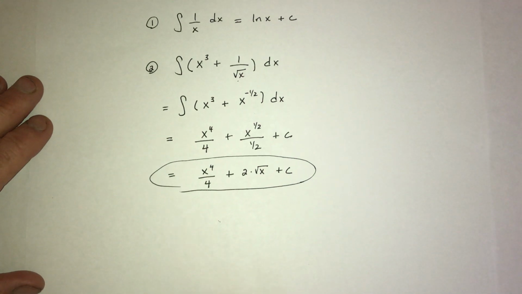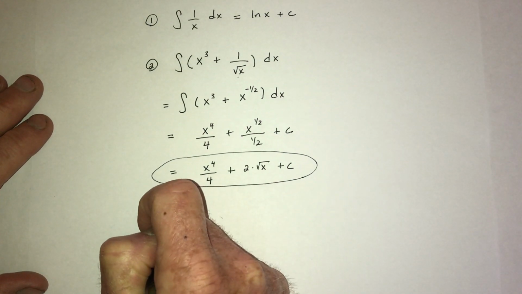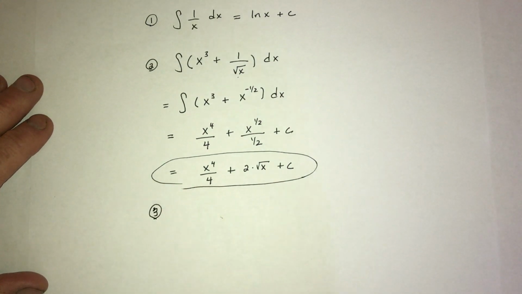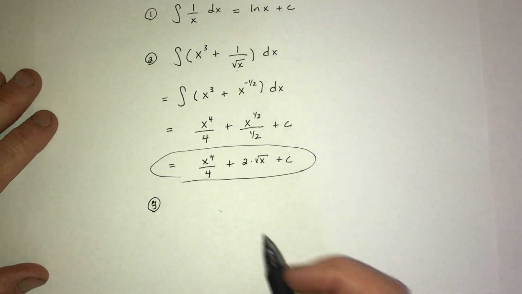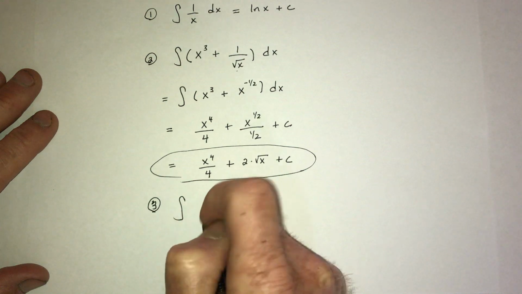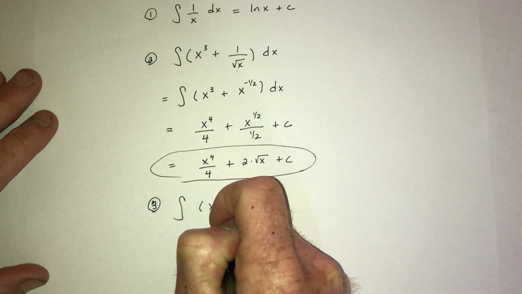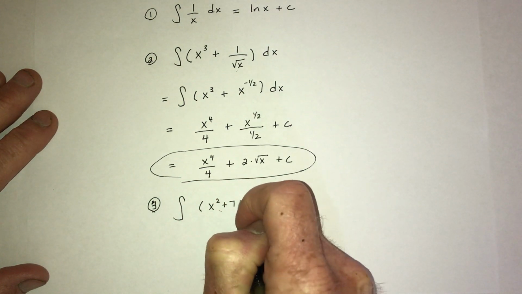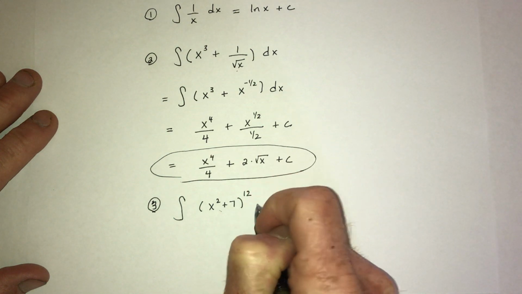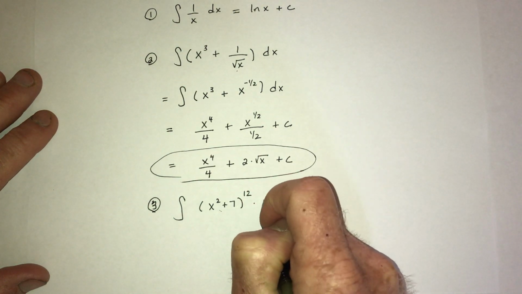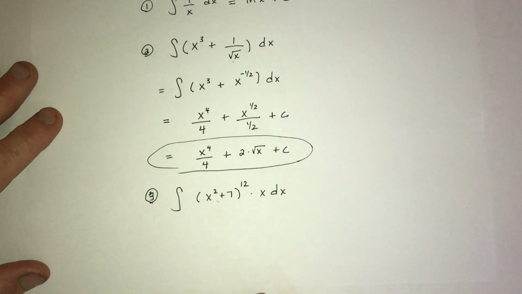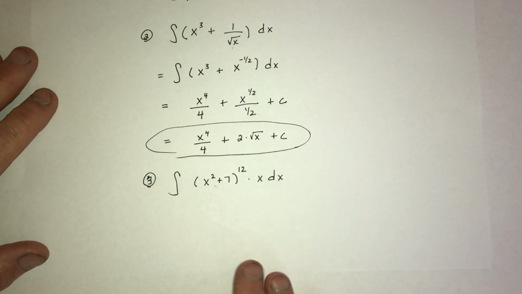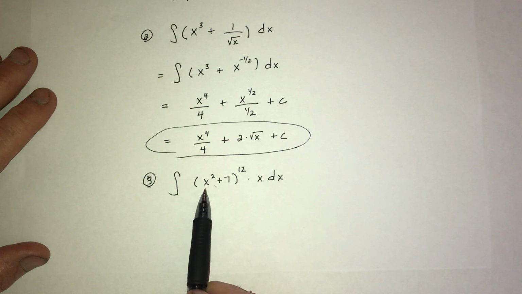Then there's one more example for the 3 types of integrals we can do at this point of the semester. And that is if it was like this. Let's say we've got x squared plus 7, and that whole thing is raised to the 12th power, and then it's multiplied by x. So with this method, you use u substitution, and the u is going to be what's inside the parentheses.